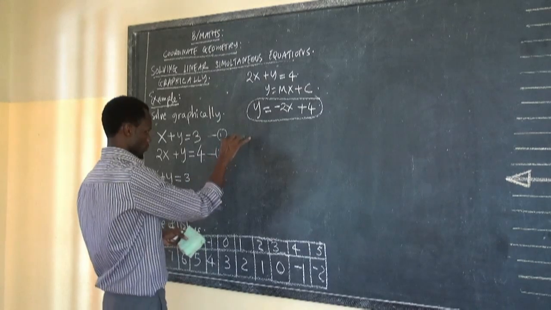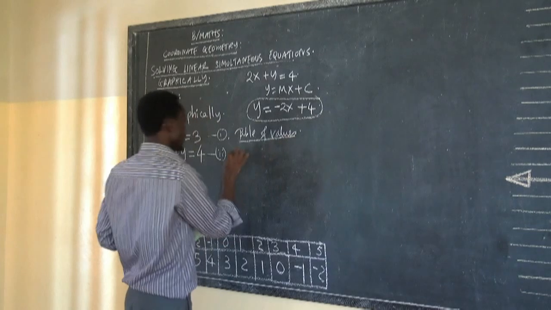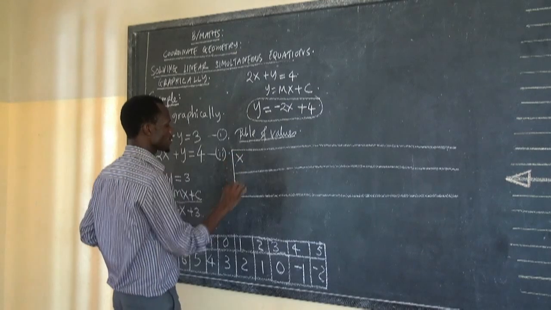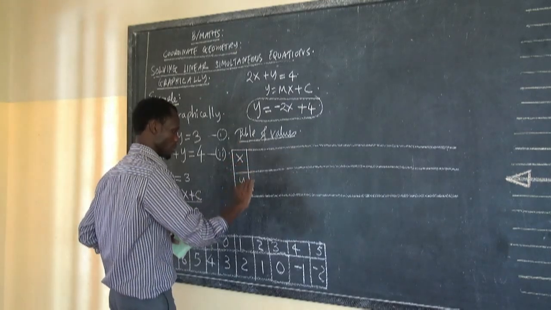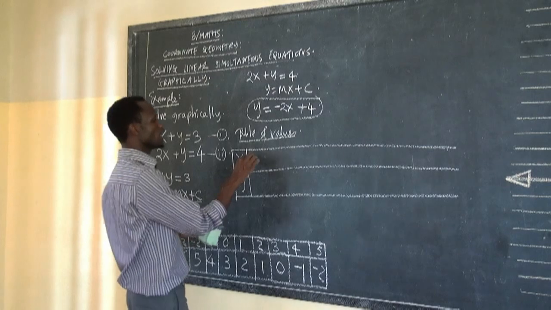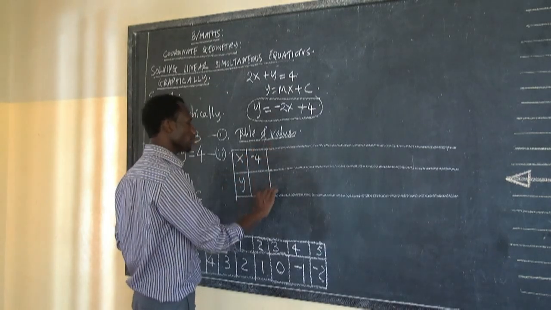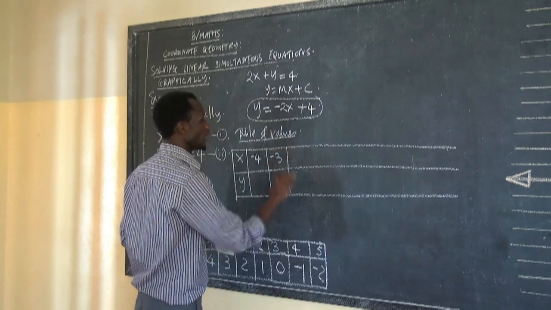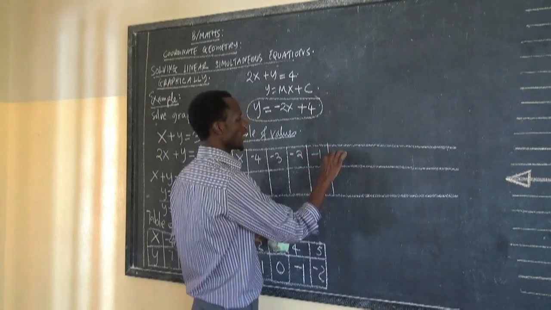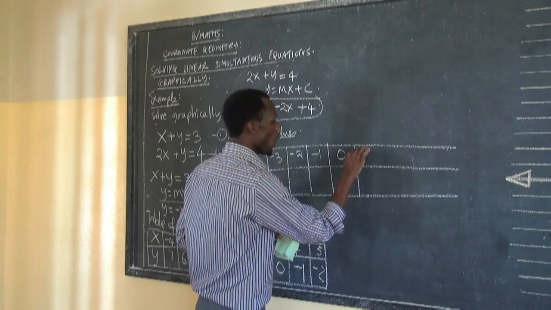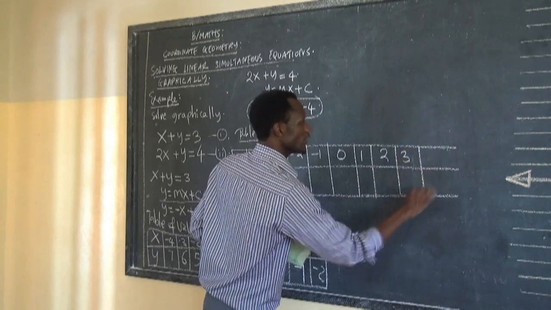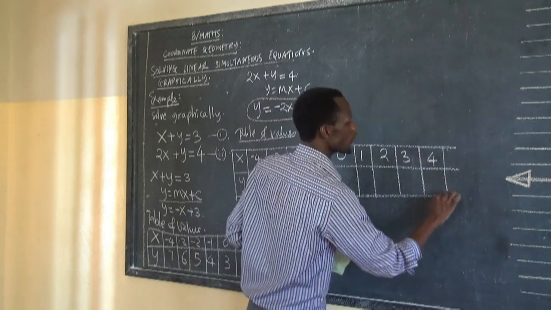Now you draw the table of values. In the table of values, you definitely have x and y. Let us assume x with negative 4 here, then negative 3, then negative 2, then negative 1, then 0, then 1, then 2, then 3, then 4, then 5.